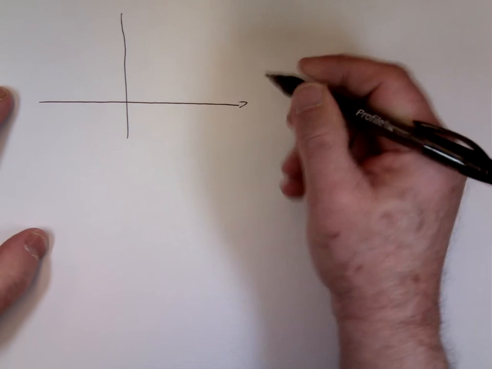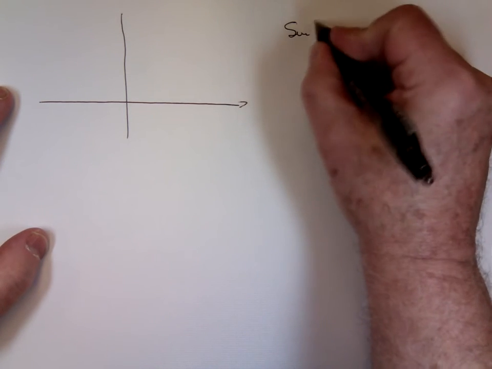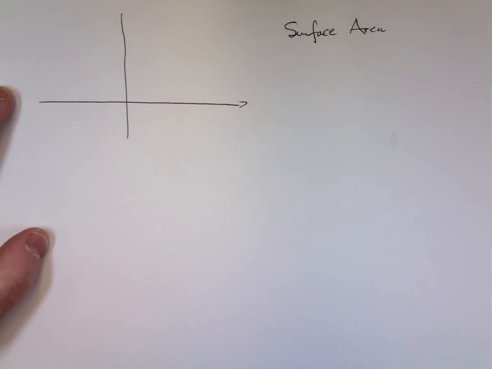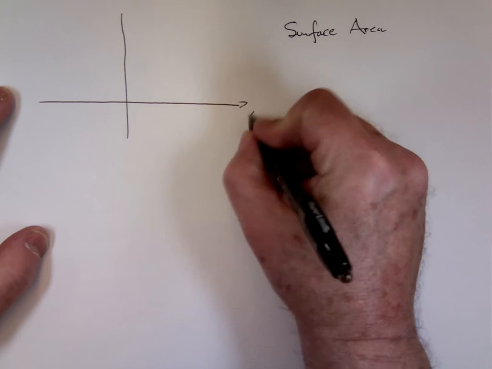This is surface area. This is the same thing as the arc length, so this would also be 7.4, I think. 7.4 would be arc length and surface area. Okay, surface area. Here's what we're going to do now.